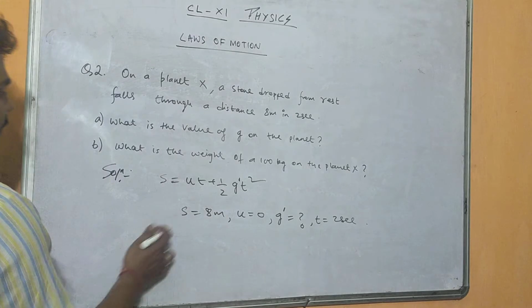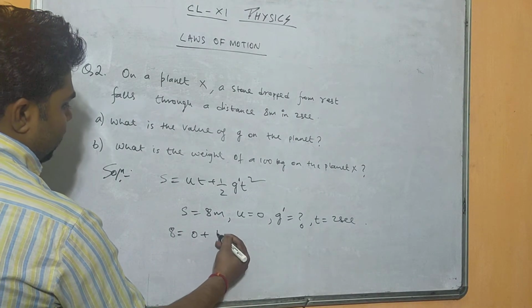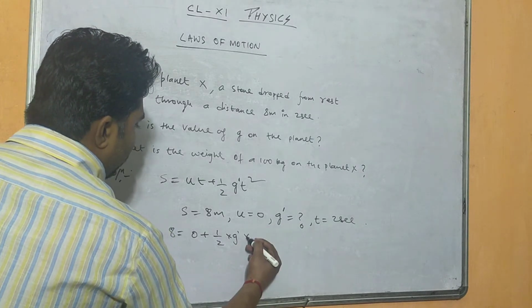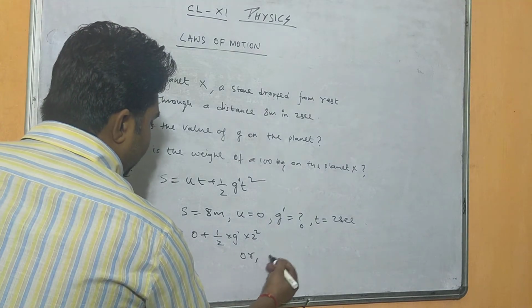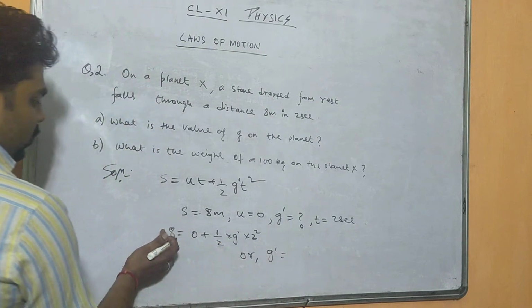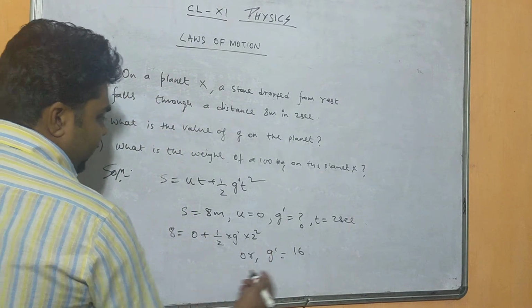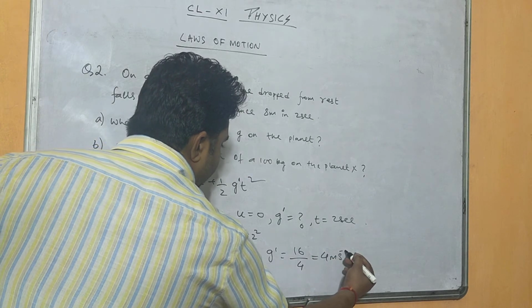So if we substitute these values, what we will get: 8 equals 0 plus half into g dash into t square. t we have 2, that means 2 square. If you cross multiply, we will get g dash equals 2 into 8, that is 16, and 2 square is 4, so 4 will come in the denominator, 16 by 4, that is 4 meter per second square.